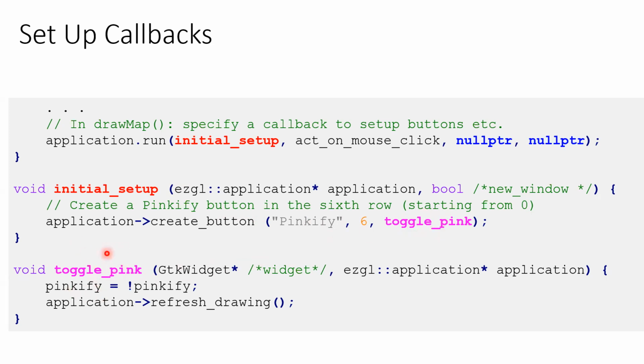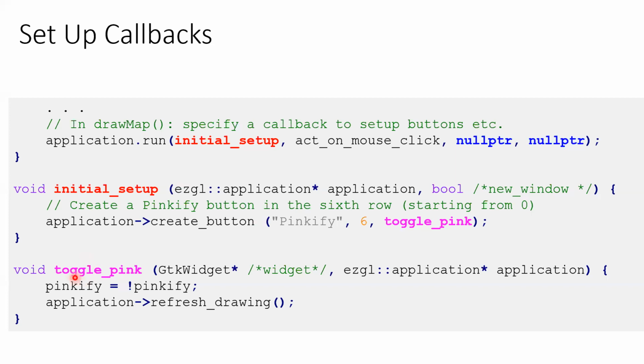Then we write the toggle pink function. This callback function also has 2 parameters defined with it. The GTK widget is something related to GTK that we're not using in this example. And we have the application.